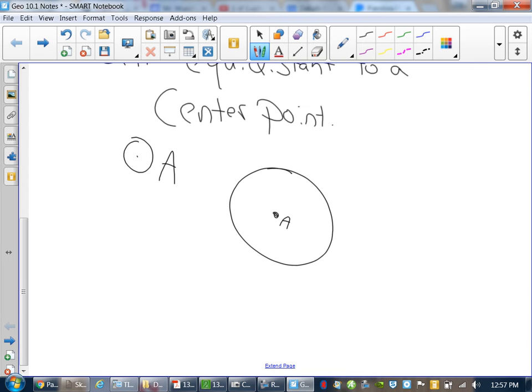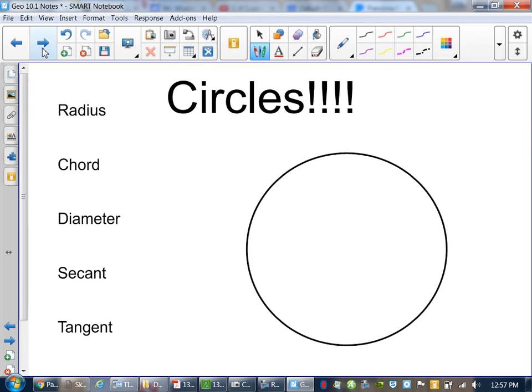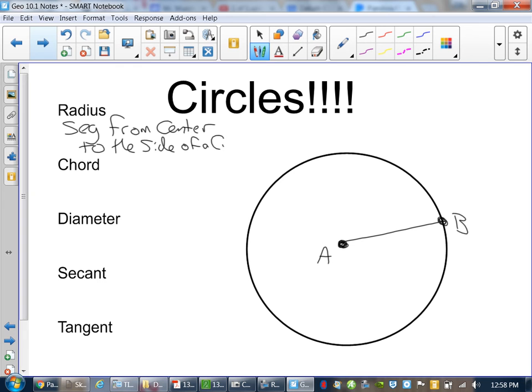Now there are other definitions that you have all seen. For example, the first one, radius. What's a radius? The radius is from the center to the side. The radius of a circle is a segment from the center to the side of a circle.